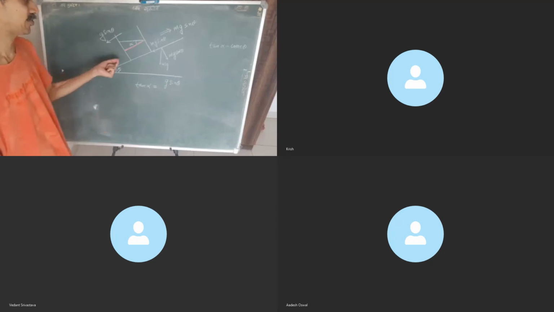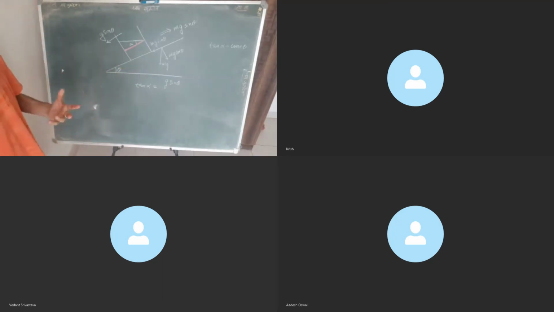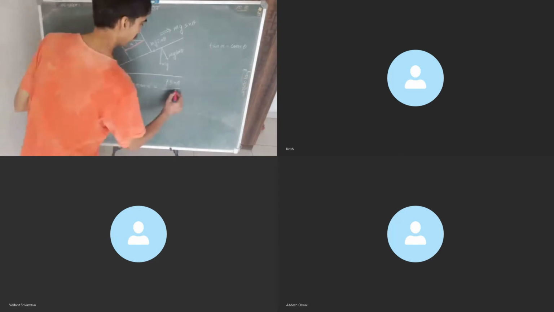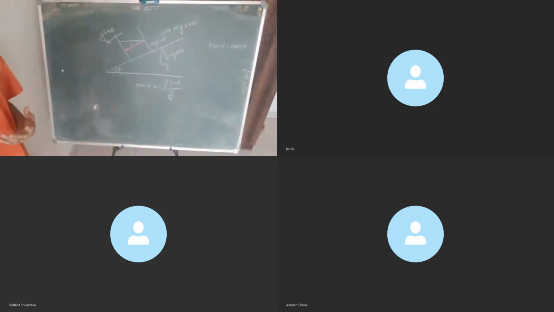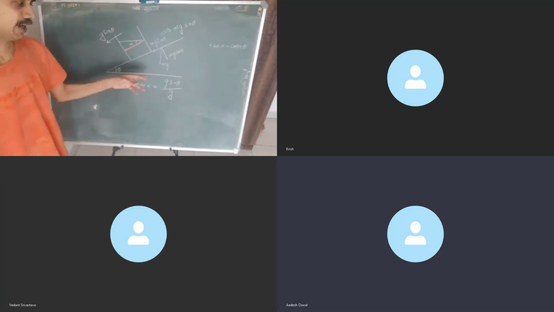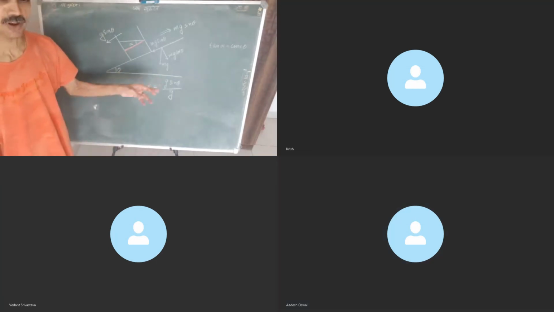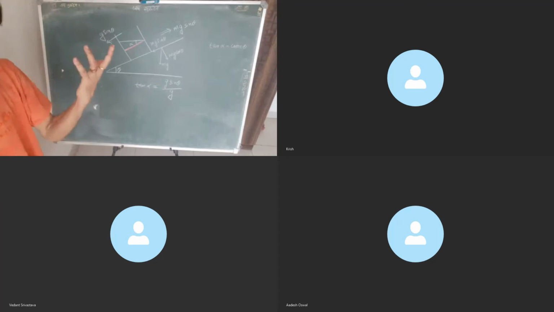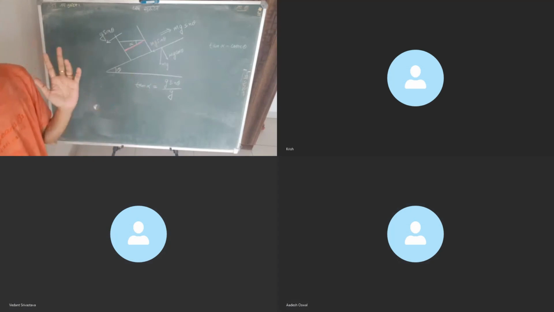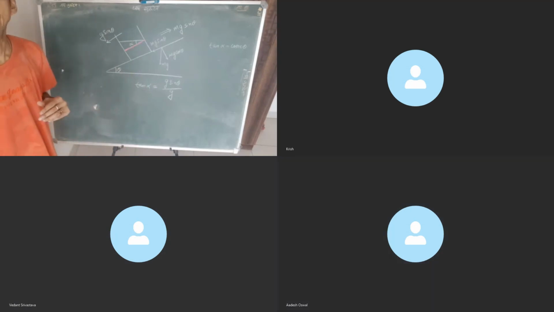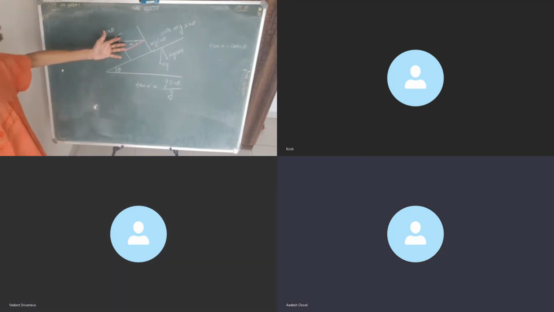So I'll take the acceleration as g sin theta, and then divide it by g. See what you end up getting: g cancels, and tan alpha is equal to sin theta. You are very much within your right to ask: why is this result, tan alpha equal to a by g, not leading to what we got to see practically?